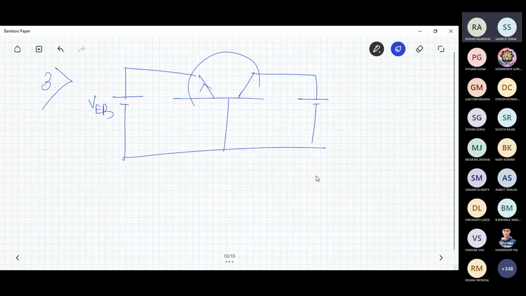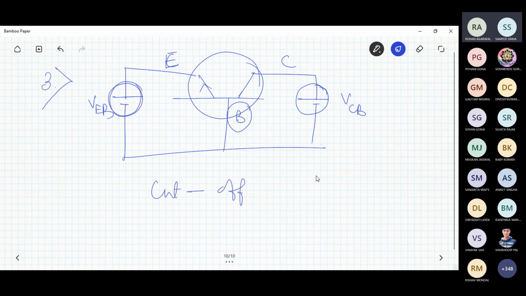This is the emitter, this collector, this base. It's VCB or VEB. Now look at this. There will be no current here. Even if there is no current in IE, there will be no current in collector and no current in base. This particular working domain is called cutoff domain or cutoff bias. You bias in such a way that the current flowing through the transistor is cut off.